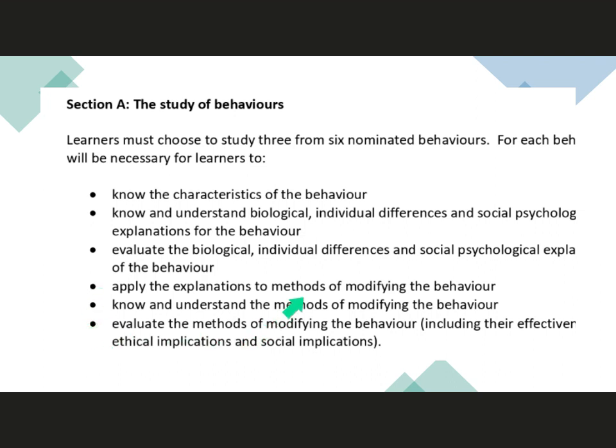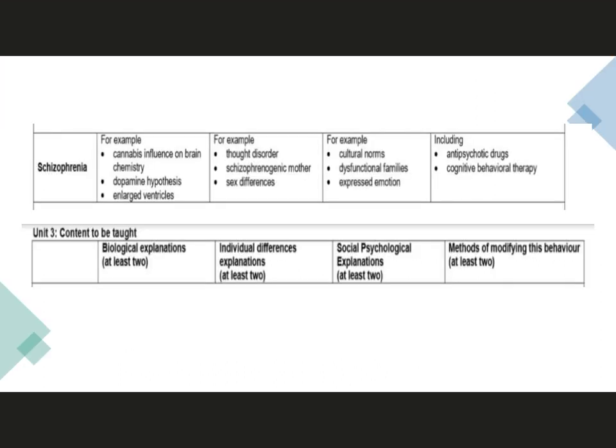So the methods of modification of the behaviour could be anything such as rehabilitation, a therapy, or interventions with drugs and so on. So while you're studying schizophrenia, you'll have to cover all of these and know at least 2. Here are some possible examples of what we will be learning and what we will be covering for each topic.